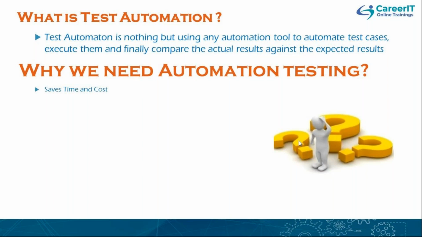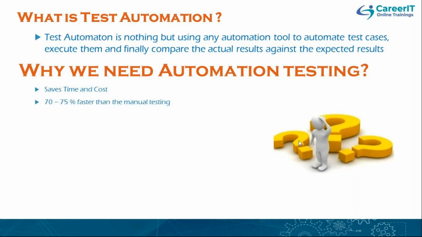But if you have a dedicated automation, you have already automated most of the test cases for the application, then you don't need 5 members in your team. You need just 2 members or 1 member. So that's how the resource cost can be reduced, and ultimately the cost will be reduced, right? That's why it saves a lot of time and cost.